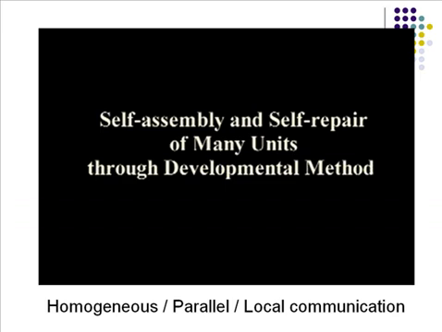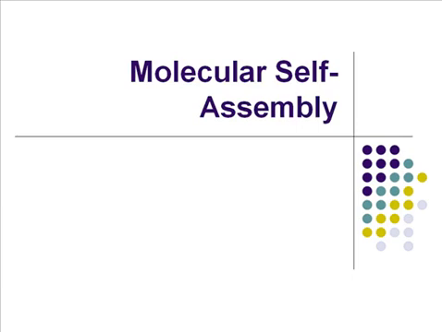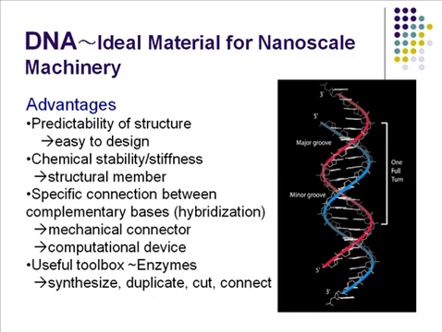All right, so that's the thing I want to make by molecule. But there is a huge gap, and I'd like to talk about some DNA implementation. As Milan told you, DNA provides an ideal material for nanoscale machinery. There are a bunch of advantages of the molecule. First, it's predictable, so it's good to design.